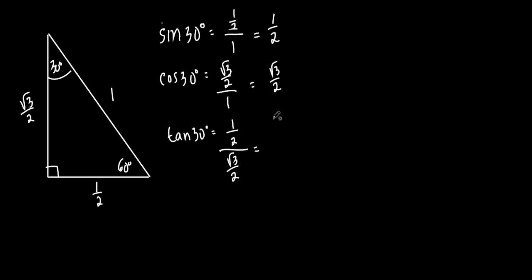Let's do a little math here. The sine one was easy because it was over 1. We didn't really have to do any division, did we? On this one, we have to do a little division. So I'm going to take that top divided by the bottom. What's the same thing as dividing by a fraction? If I divide by a fraction, it's the same thing as multiplying by the reciprocal. Anybody recall that? Yeah? Okay.